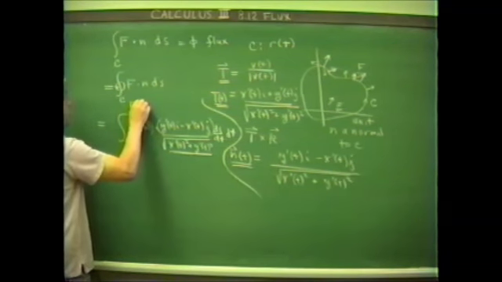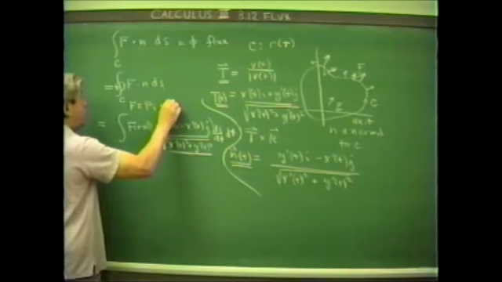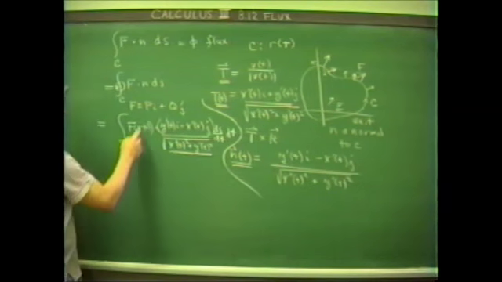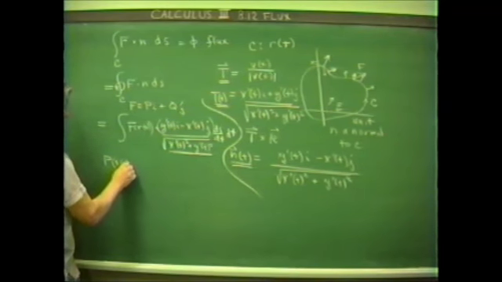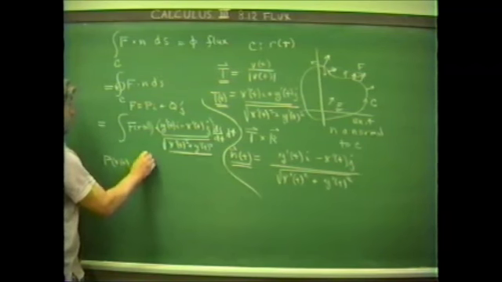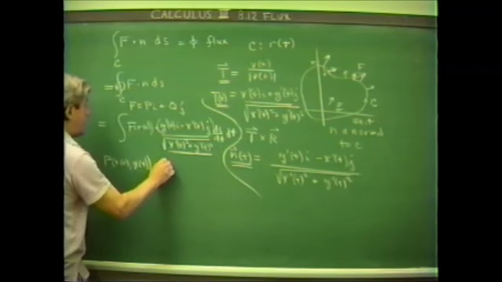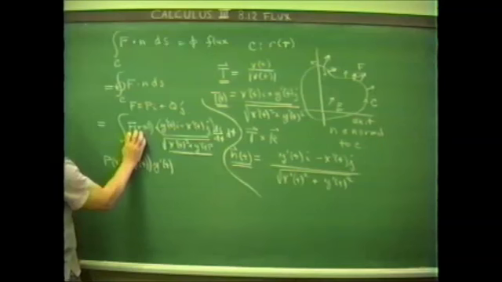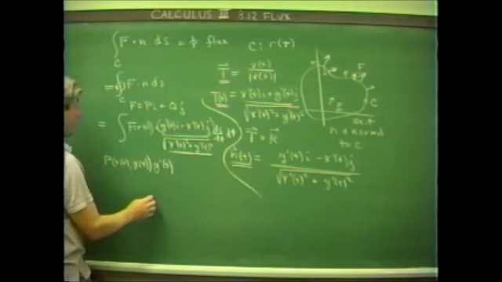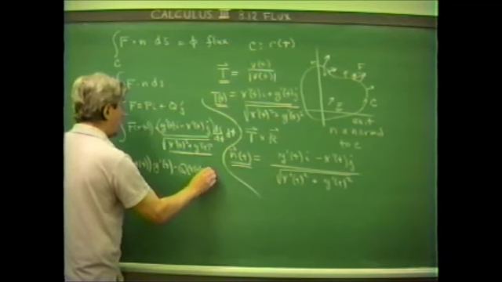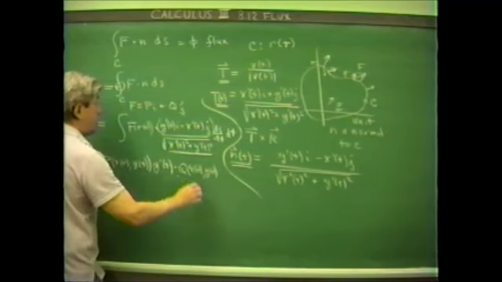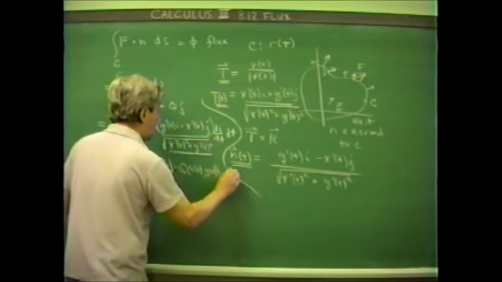If f is equal to p i plus q j, this is equal to p of x of t, y of t times y prime of t. That's the i part dotted with the i part here, minus q of x of t, y of t times x prime of t.